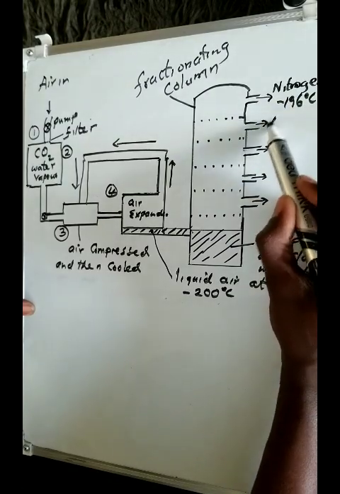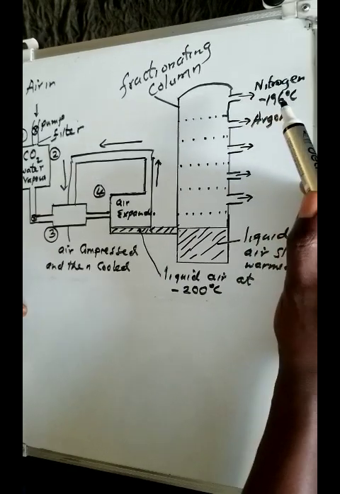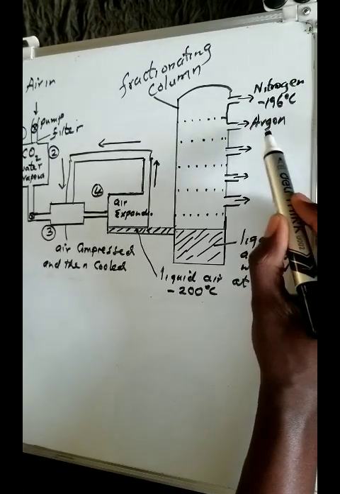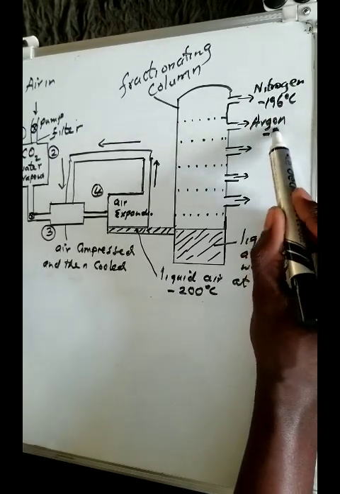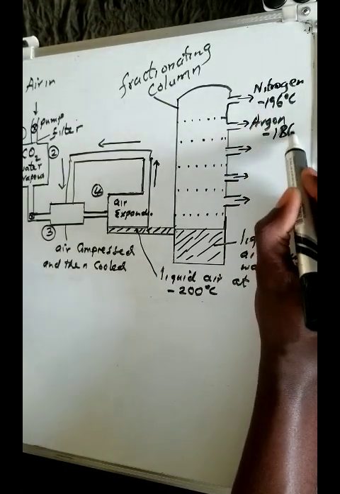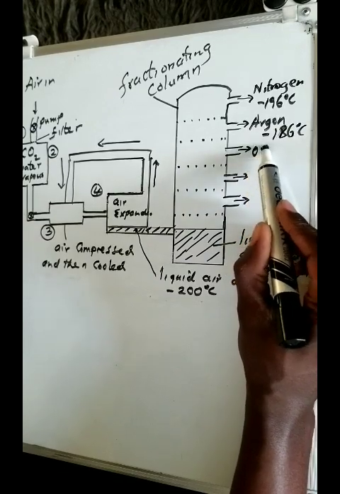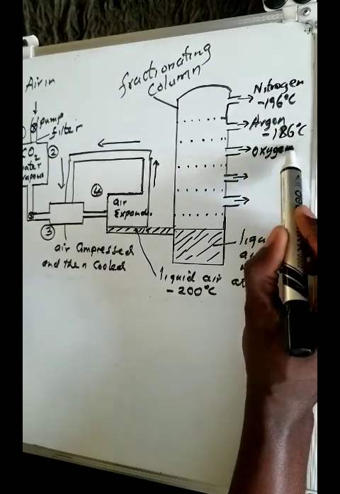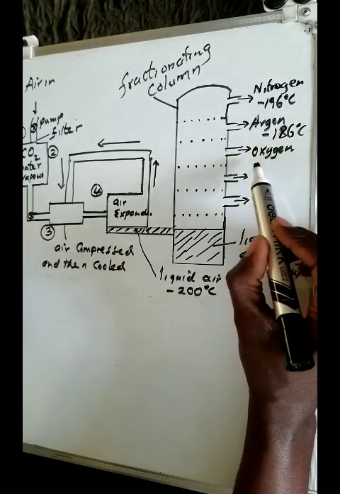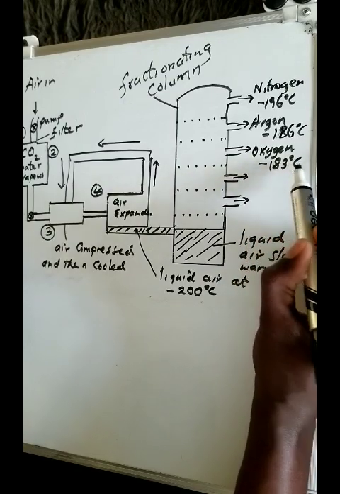It is going to be followed by a gas we are calling argon. Argon has a boiling point of about -186 degrees Celsius. Then it is followed by oxygen, which is going to distill out, and the boiling point of oxygen is approximately -183 degrees Celsius.